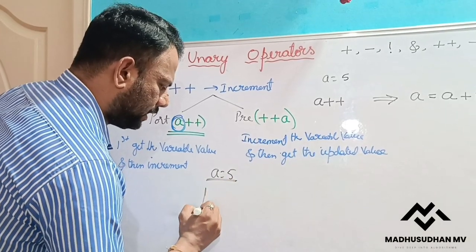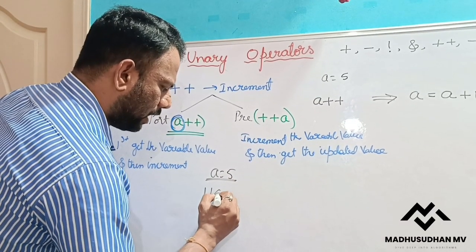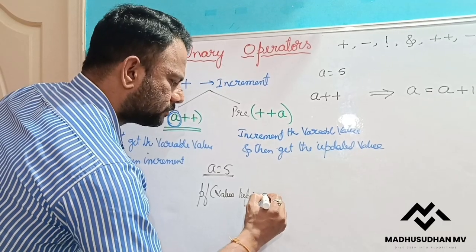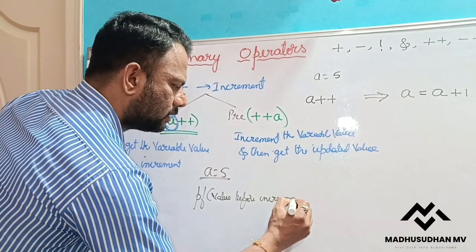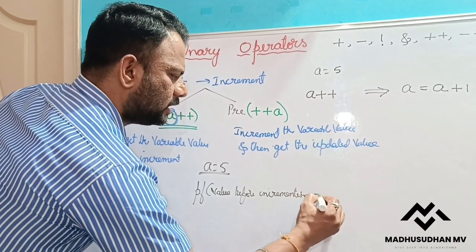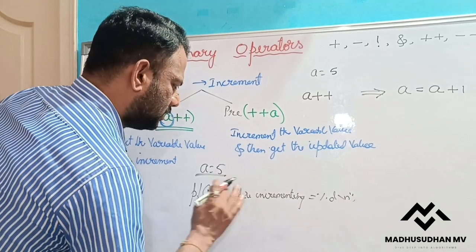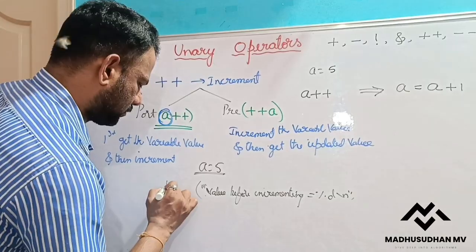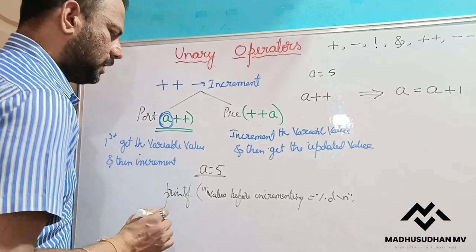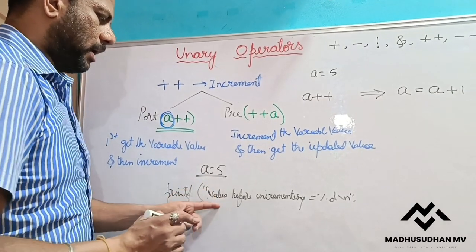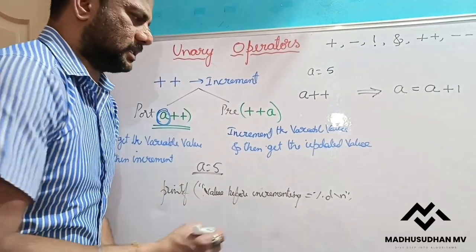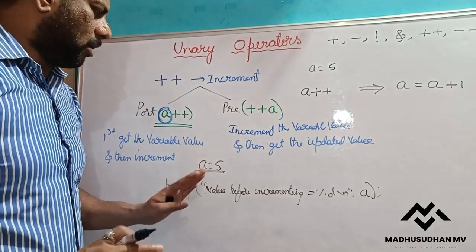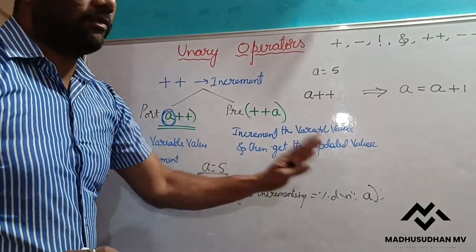Now if I say printf, double quotes, value before incrementing is equal to percentage d slash n, and simply print the value A. So what will it print? I am not doing anything. A is equal to 5 is declared, so it will print 5.